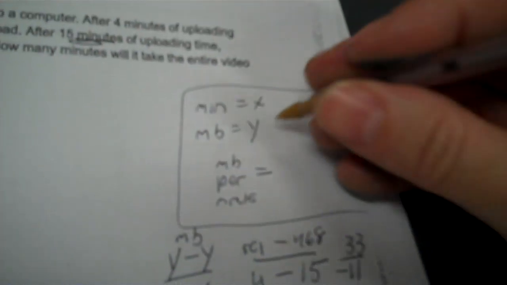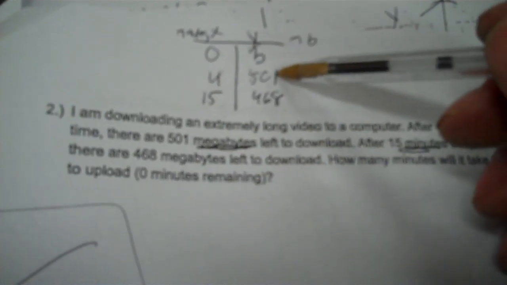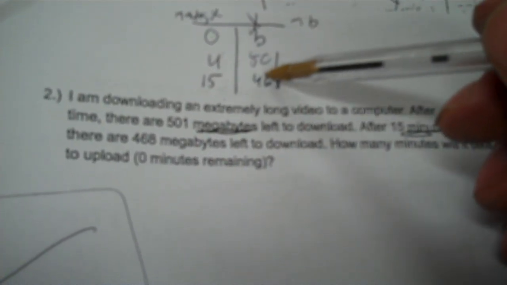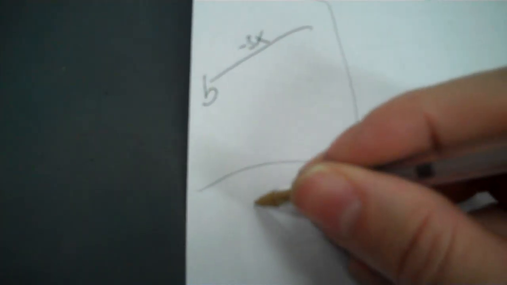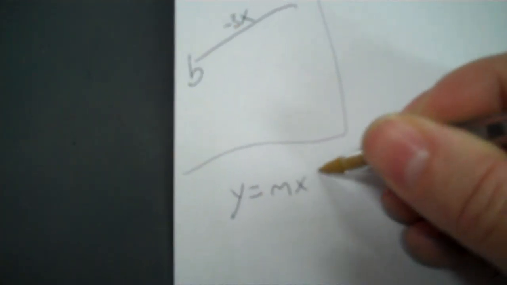So when I divide that, I get negative 3. So if that were going up 0, 1, 2, 3, 4, you know, after 5 minutes you'd be down to 498. After 6 minutes you'd be 495, and so forth. You're going down by 3. So I put negative 3x. Now I need to find out the beginning, okay? So the B is Y equals mx plus B.